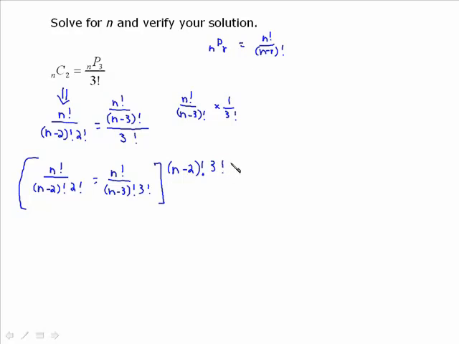And this might puzzle you a little bit because you're thinking, well, how is that going to cancel out my n minus 3 factorial and my 2 factorial? So this is a bit of a risky one, but let's see what happens with it.